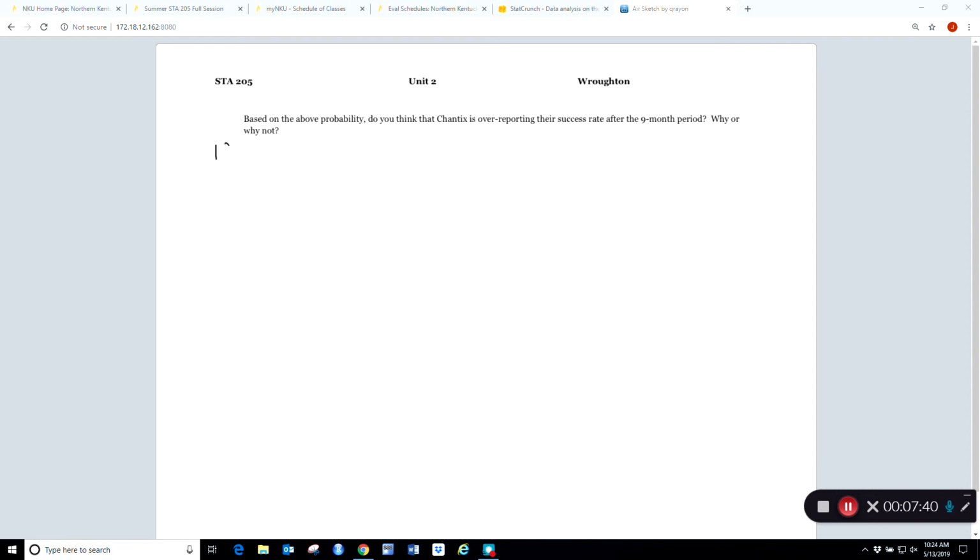If Chantix is telling the truth, and by that I mean that 30% success rate, then the probability of having a sample proportion, or p hat, of 20% or less, because that's what we found in our picture, is very unlikely.